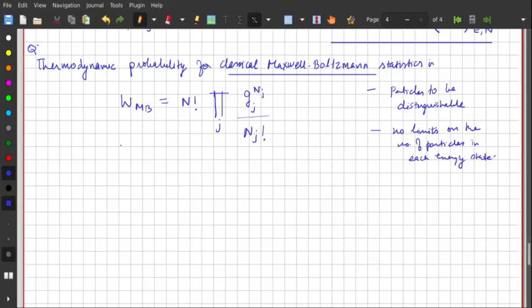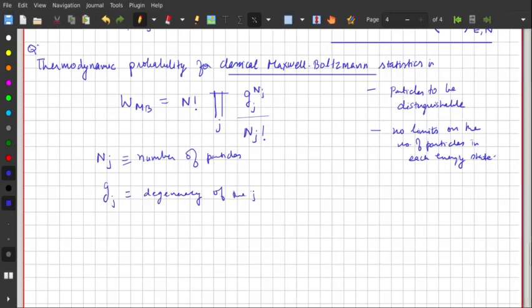Where we recall n j is the number of particles in the jth energy state, and g j is the degeneracy of the jth energy level.